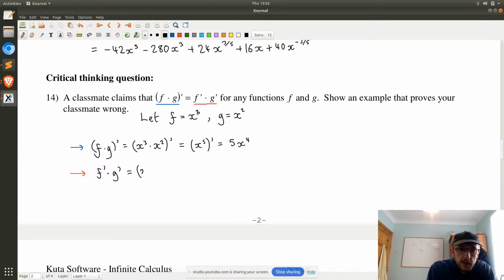Okay, so it's going to be the prime of x cubed multiplied by the prime of x squared. Okay, which is 3x squared times 2x, which is 6x cubed.